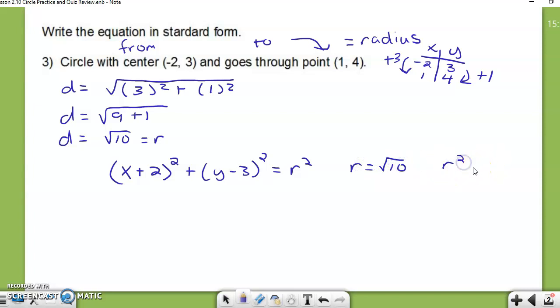Radius squared would equal the square root of 10 squared, which is the square root of 10 times the square root of 10, which is the square root of 100. So my radius squared equals 10. So I can now go back here and just replace it, and there I am. The equation is now in standard form.